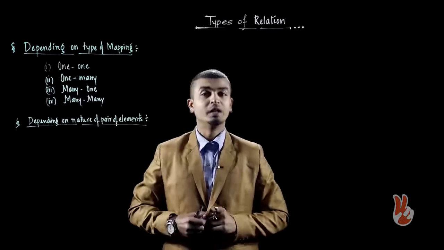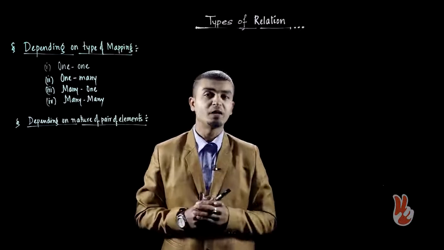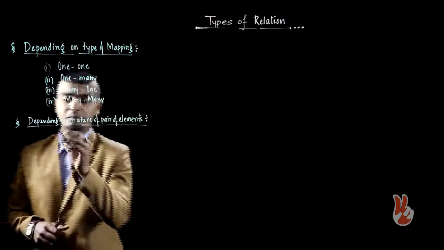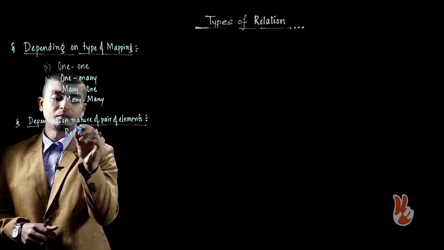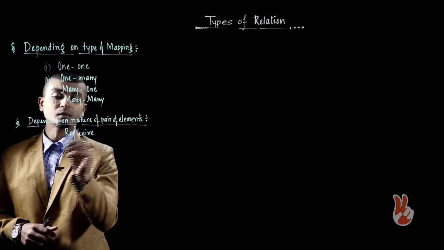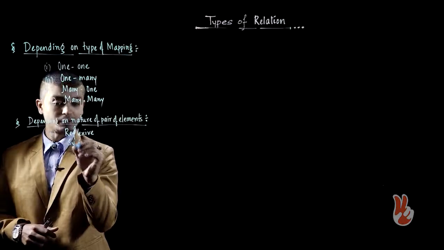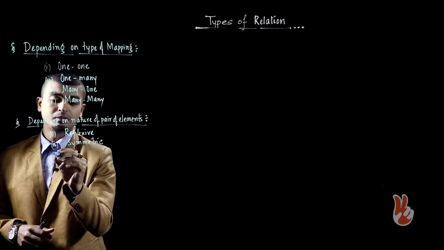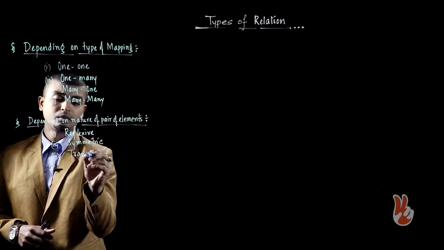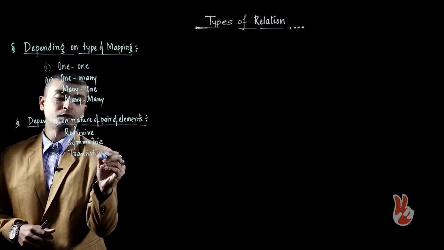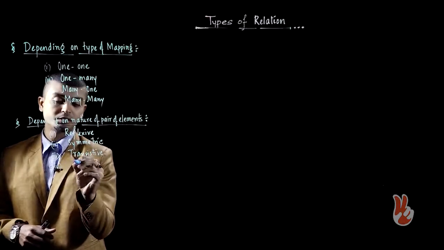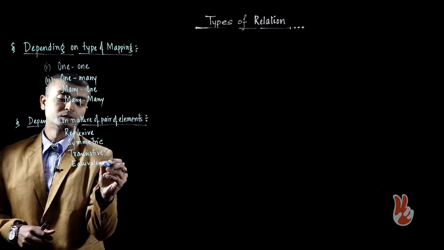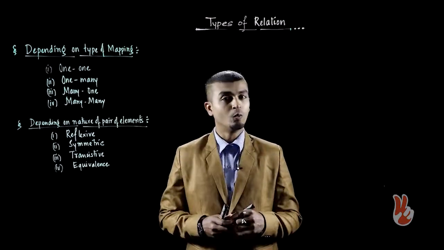So depending on the nature of pair of elements, we can classify relations as number 1 reflexive, number 2 as symmetric, and number 3 as transitive. There is another special one, it is called the equivalence relation. So let us discuss them one by one.